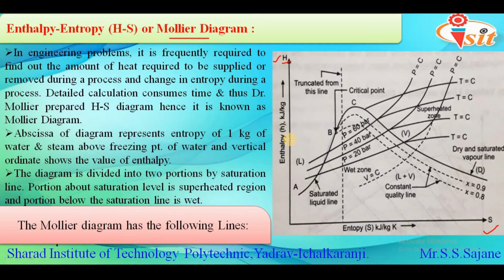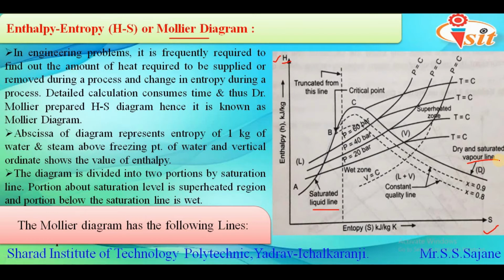If we look at the diagram, then in this diagram we can see one bell-shaped curve which is represented by the curve A, B, C and D, and we can divide this curve into two portions. So the first portion, that is if we consider line AB, then it is called as saturated liquid line, whereas the remaining part of the curve, that is line B, C and D, it represents the dry and saturated vapor line.